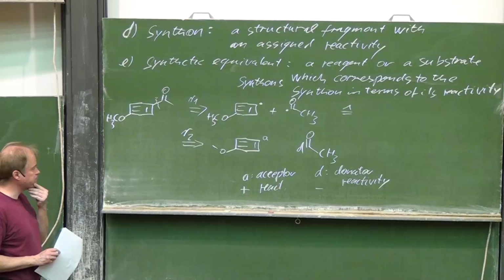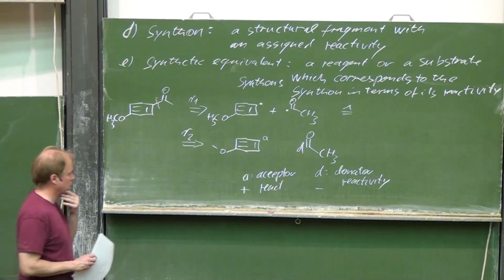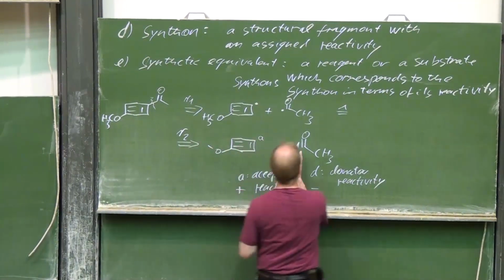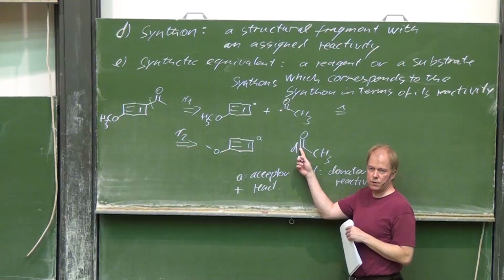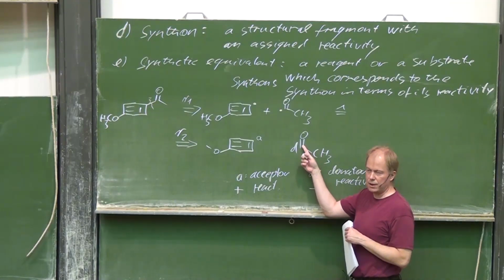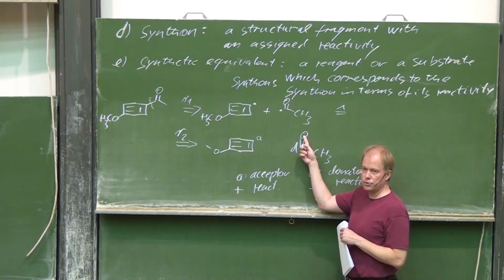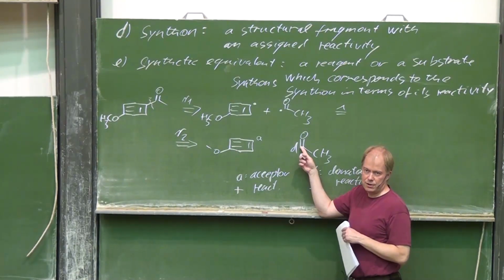So, if we think about how could we get a donator reactivity for that carbon, where we have that carbonyl group, it's part of a carbonyl group with the electronegative oxygen diminishing electron density at this position.